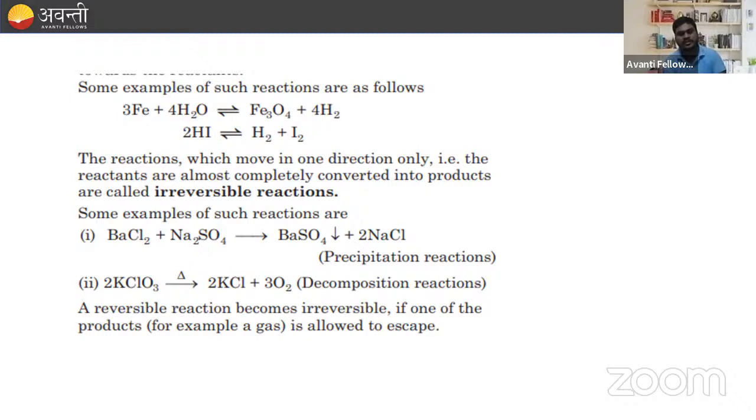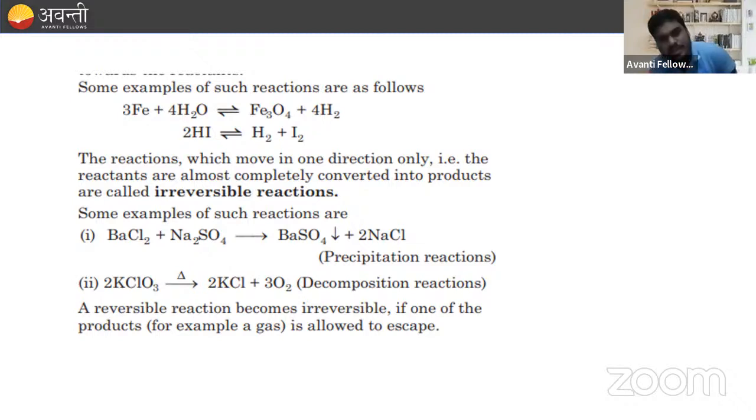Similarly, in a decomposition reaction, a reversible reaction becomes irreversible if one of the products, for example a gas, is allowed to escape. For example, 2KClO3 gives 2KCl plus 3O2. If you want to make this irreversible, you just allow the O2 gas to escape.